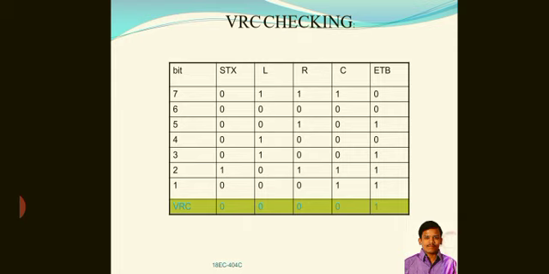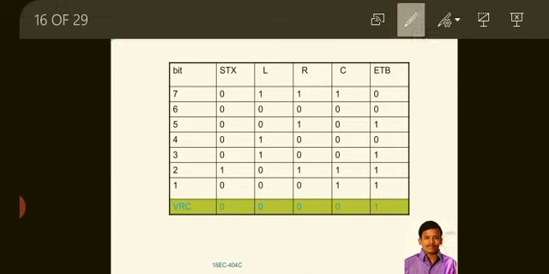Here, to get the VRC, I will check vertically, not horizontally. In the first method I looked row wise and got the extra bits by following odd parity. Now I am taking each column wise, that is vertically, so that's why it is called vertical redundancy check.